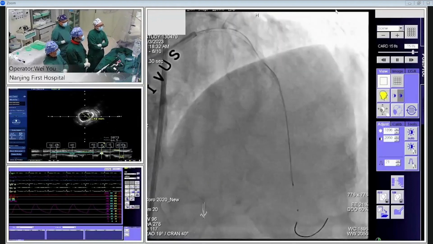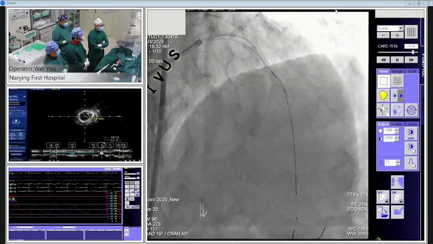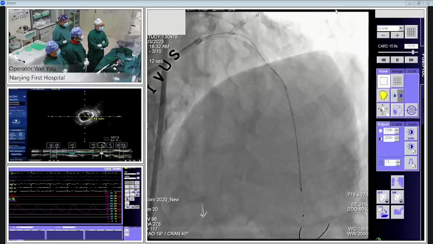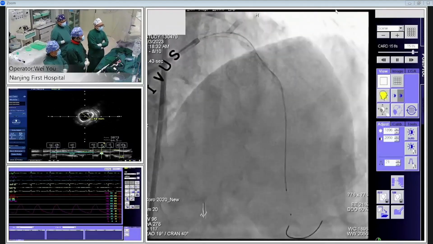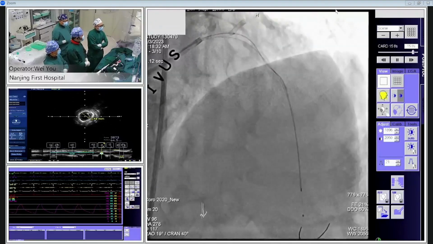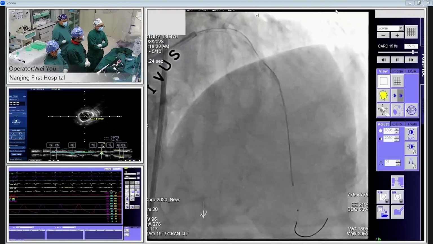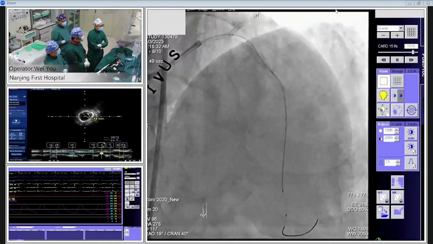According to the IVUS measurement, the proximal LAD has the significant lesion, the minimal lumen diameter only 1.4, and also associated with very superficial circle calcifications. The arc is more than 300 degrees.